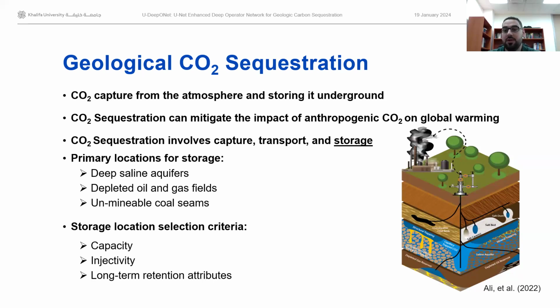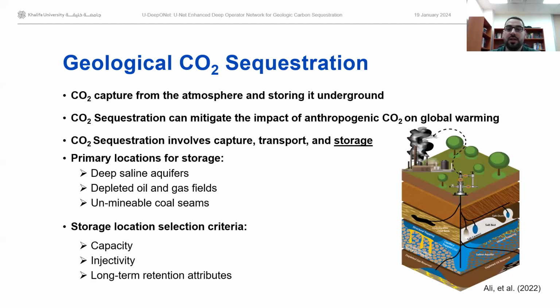There are billions of CO2 metric tons emitted into the atmosphere globally every year. Although some of this CO2 is being cycled through the carbon cycle, most of it is being accumulated in the atmosphere, which contributes to the increasing amounts of greenhouse gases in the atmosphere. And as you may know, the greenhouse gases are the main culprits in global warming and probably climate change.